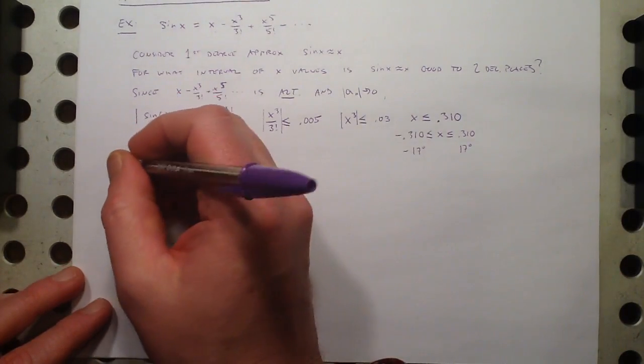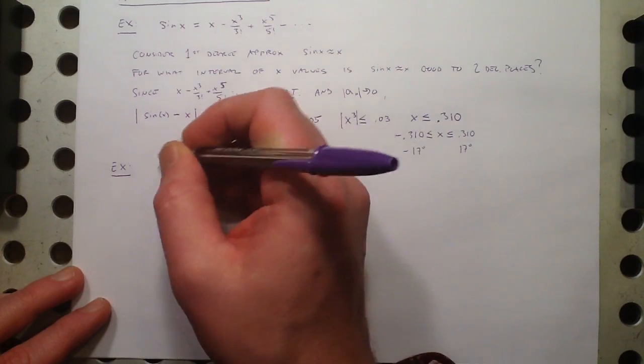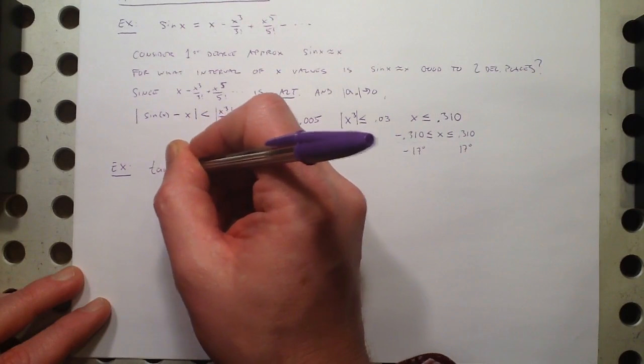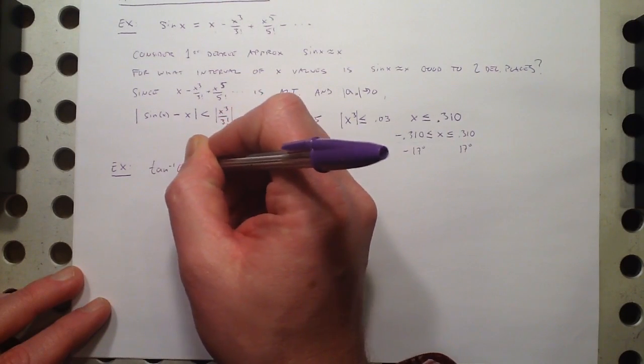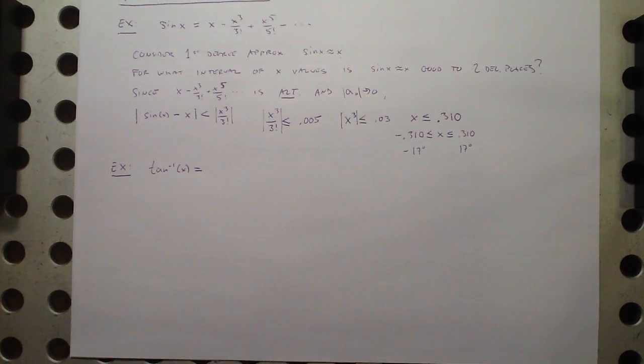I'll give you one more example of it with an alternating series. The tangent inverse function has a series. Maybe pause for a second and see if you can remember what that series looks like without looking at your notes. Are you back? Did you really look? I'll give you another chance to pause.